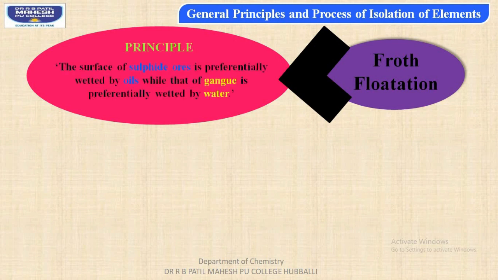So students, the point to be remembered is surface of sulfide ores are only wetted by the oil what we are adding in this process, whereas the gangue particles that are impurities, they would be wetted by means of water.